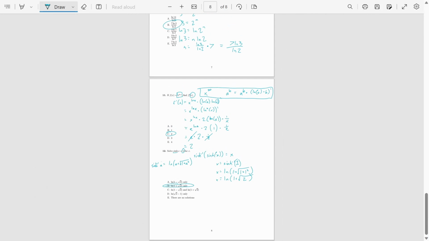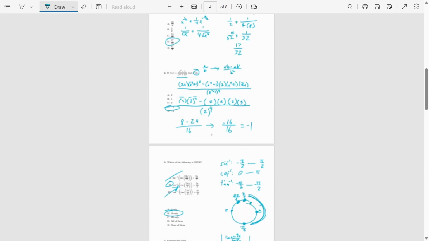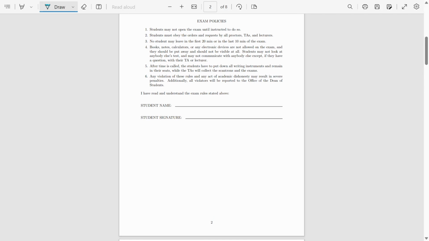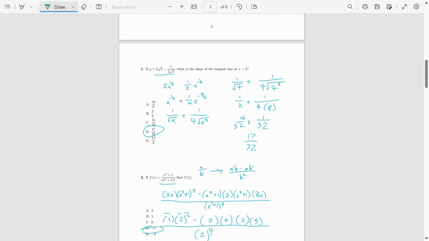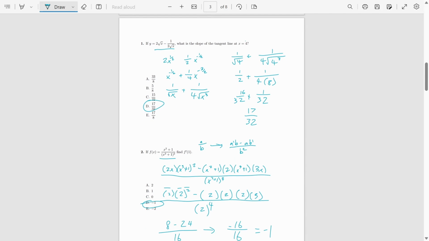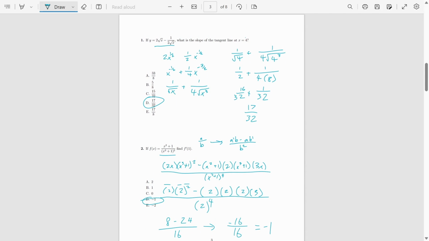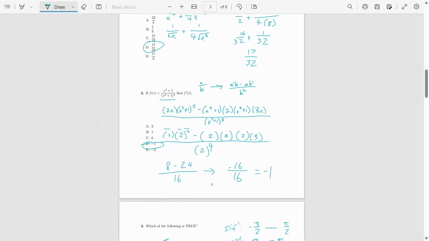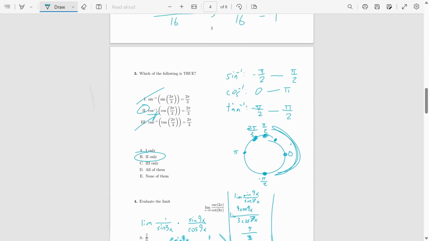They usually like to put their weirdest questions at the end, at question 11 or 12. But anyways, that was this whole exam. I did this over 2 days, over like an entire week, so I kind of figured it was on the first half. Let's see, derivative, probably a lot of derivatives.